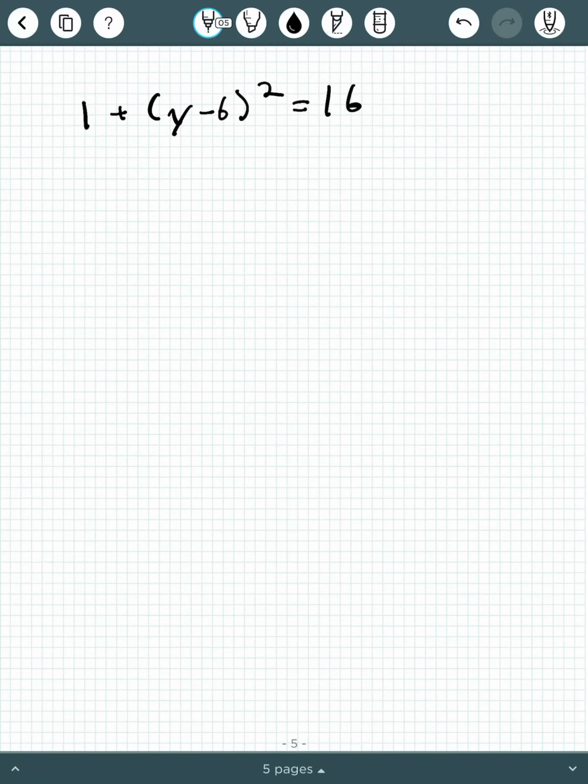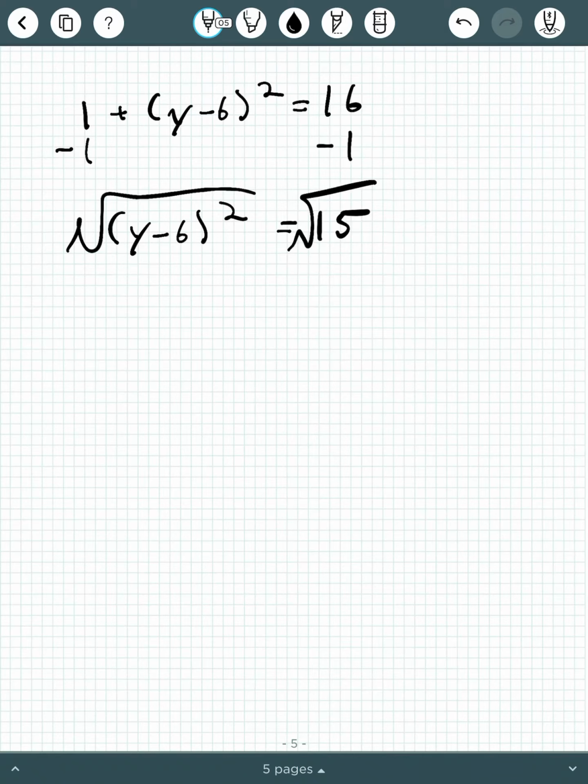So 1 plus y minus 6 squared is equal to 16. At this point, we have a couple different options for how we proceed in solving this, since we're kind of given a perfect square. I think the easiest way would be to rely a little bit on a calculator by subtracting 1 to get y minus 6 squared is equal to 15. And then at this point, using inverse operations, taking the square root like we did in the last example, we'll see that y minus 6 is equal to the positive or negative square root of 15.